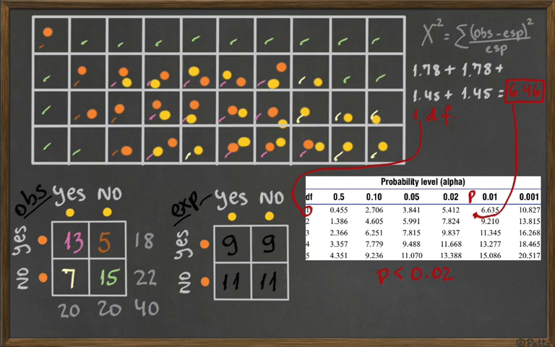That means that my p, my probability that I am wrong when I say that the observed is different than expected, is smaller than 0.02 or 2%. So in that case, I can say that the observed is different to the expected, because the chance I'm wrong is very small.